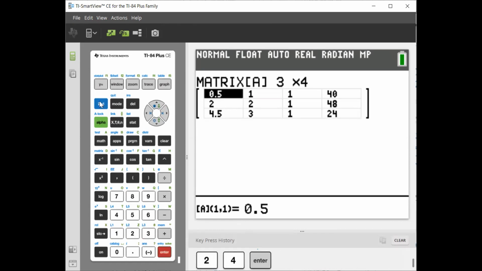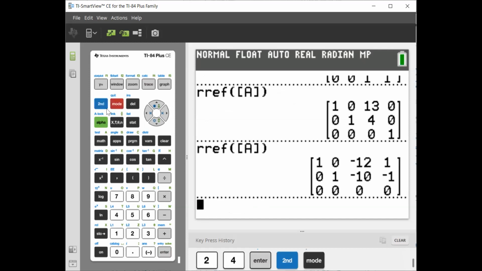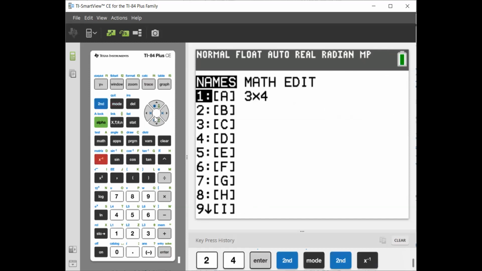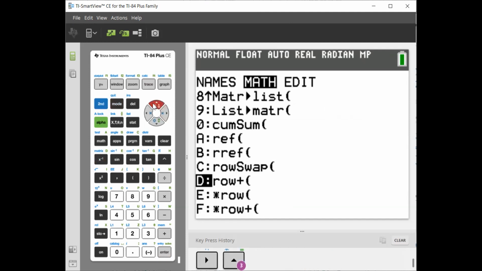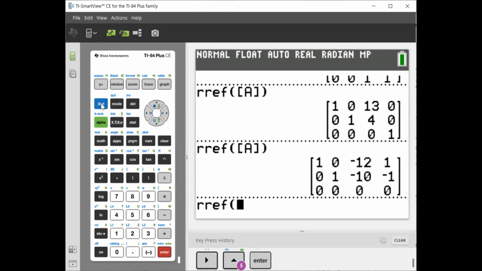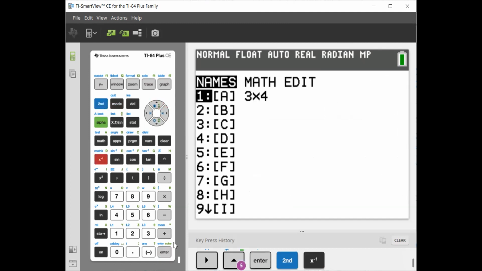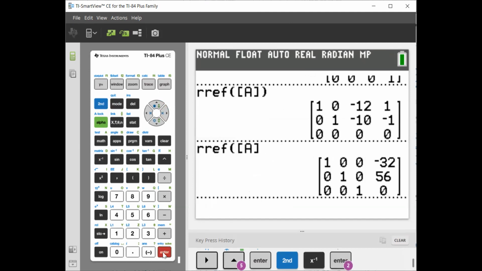Okay, quit out. Let me just make sure that it's in correctly, and it looks like it is. So quit out, and then we go to second matrix, go to math, and go to reduced row echelon form, rref, and call our matrix back, matrix A, and here are our values. Okay, so let's copy that down onto our paper.